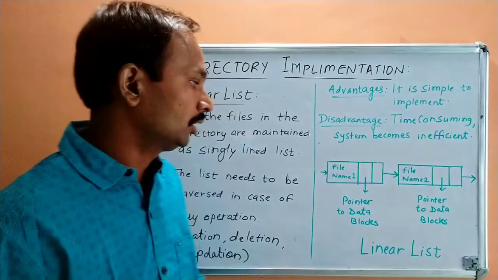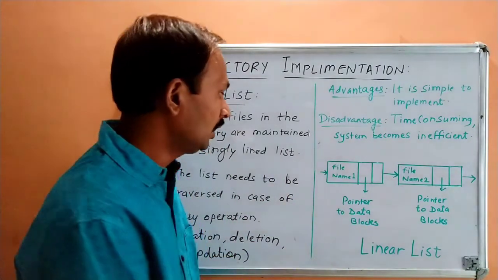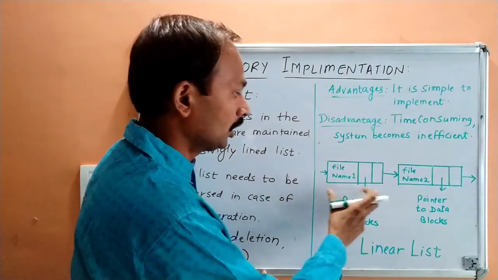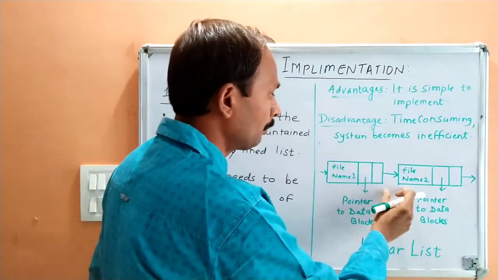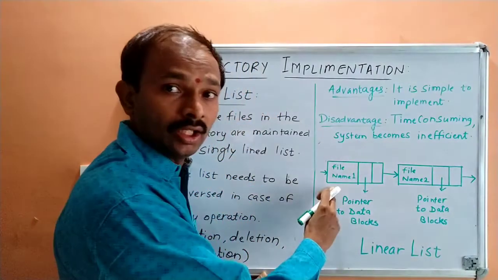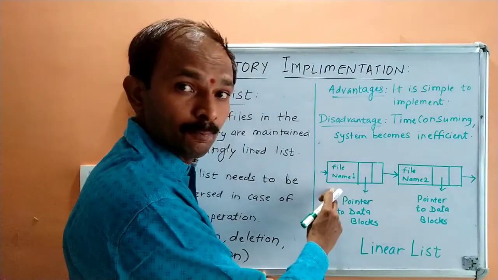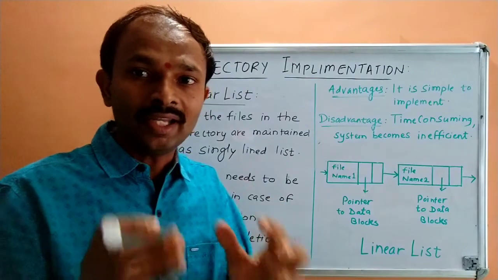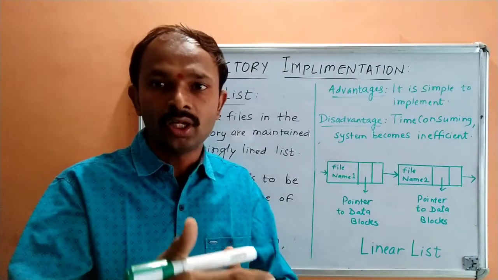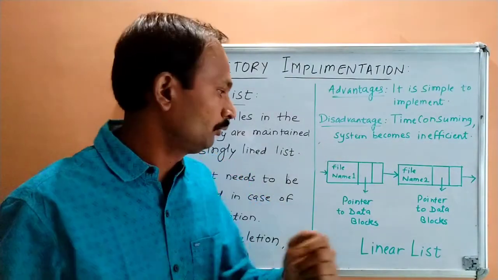As you can see in this diagram, one file is connected with another file with a pointer. Every file contains one file name and a pointer to a data block, because the file information is stored inside the data blocks, as we know.